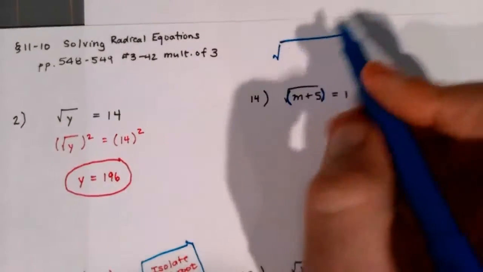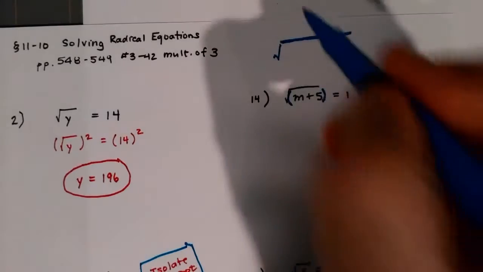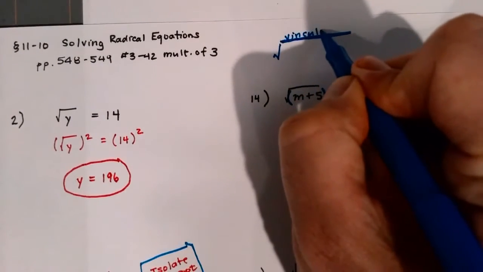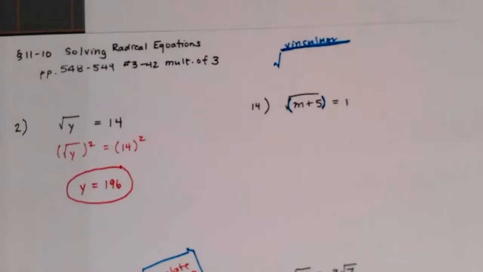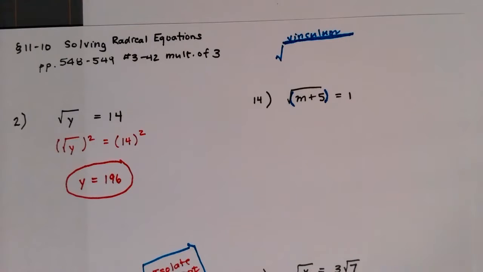The bar, the roof of the house, is known as the vinculum, which in Latin means a little tie. That's my loose translation.